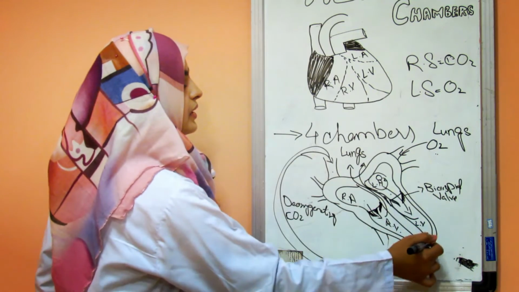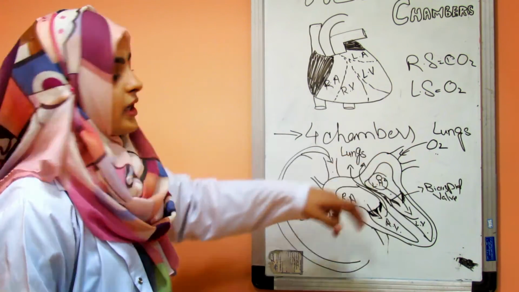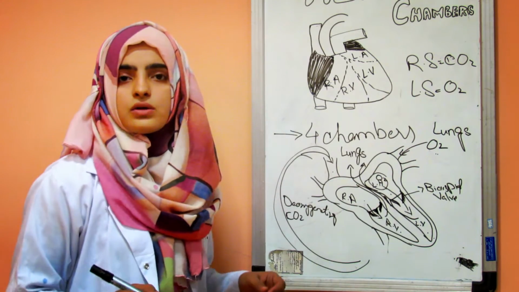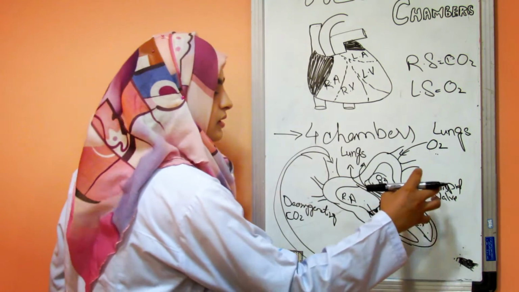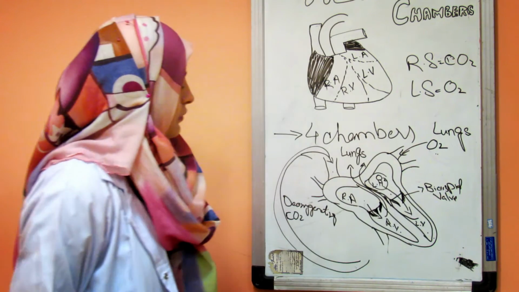From the left ventricle, through the arteries, this blood circulates in the whole body and delivers oxygen to all the tissues and organs of the body. So this is the circulation of the oxygenated blood through the left side of the heart.